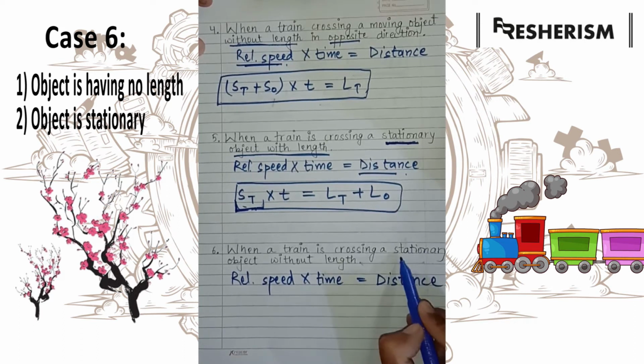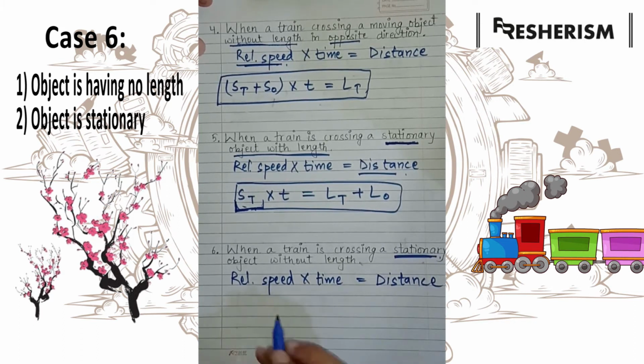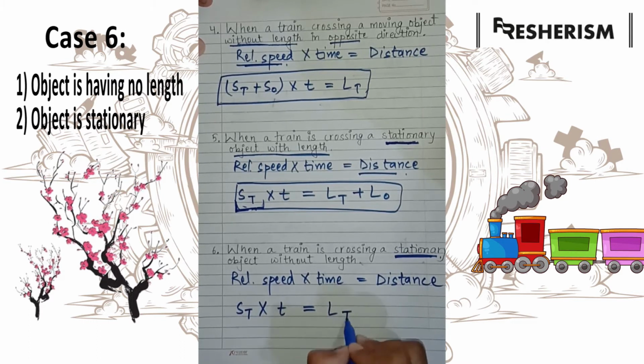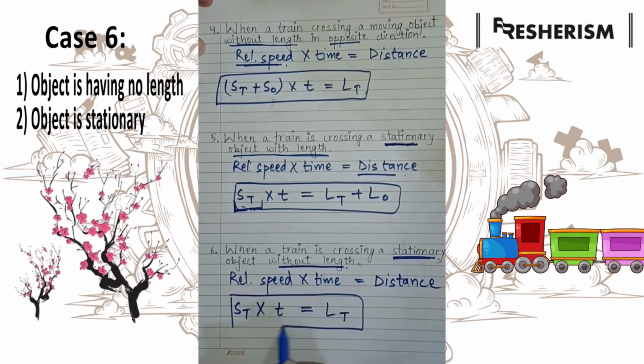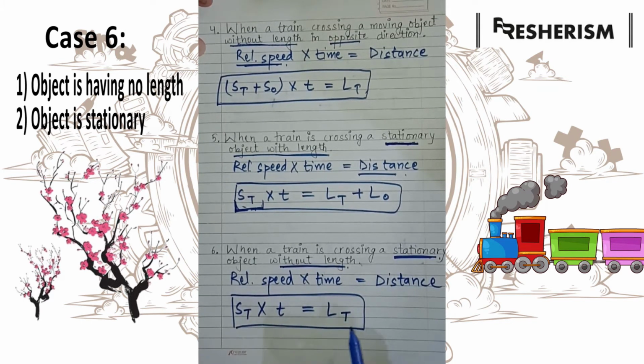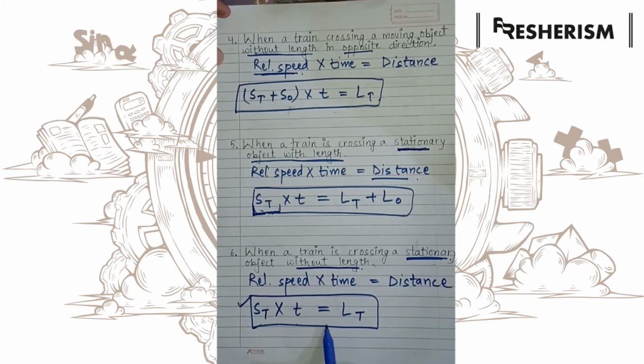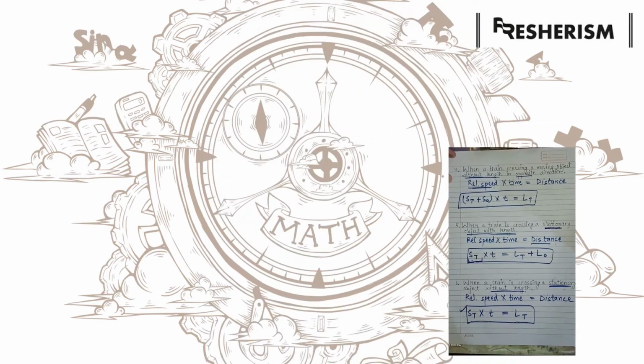As the object is stationary, it would be the speed of train only. So, speed of train multiplied by the time taken is equals to the length of train as the object is without length. So, this is just the basic formula. Speed into time is equals to length or the distance traveled. So, this is the formula for this particular case. Speed of train multiplied by time equal to the length of the train.